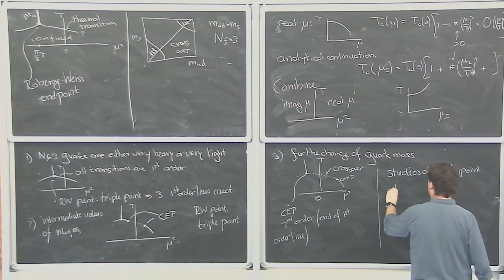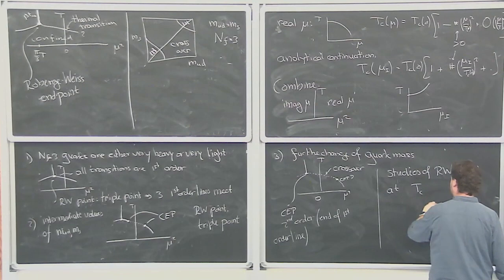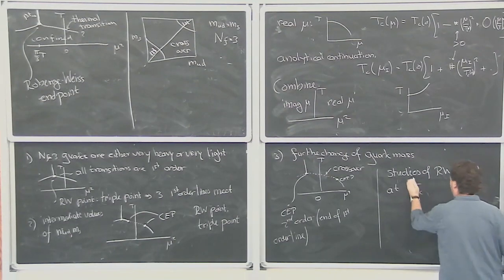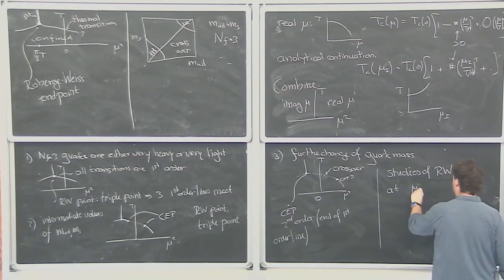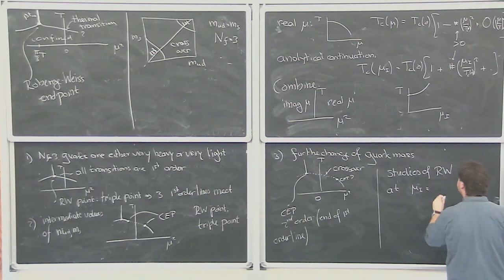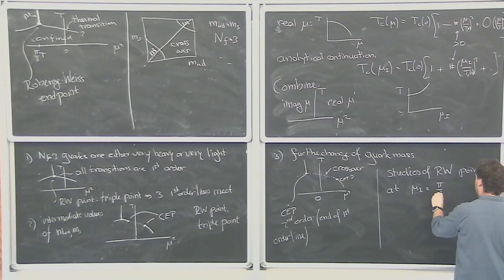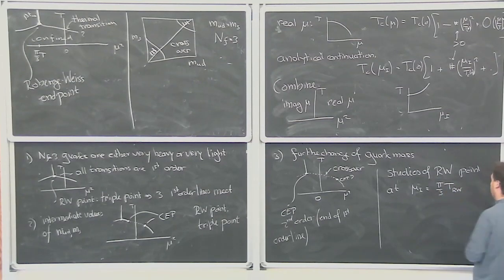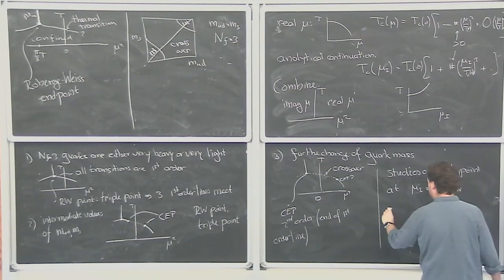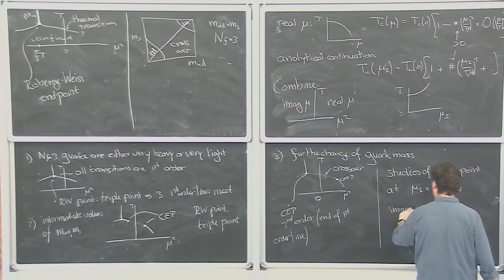Its location is at, say, Tc, and at mu I equals pi over 3 times T, Roberge-Weiss. And this is at imaginary mu, so this can be done on the lattice.